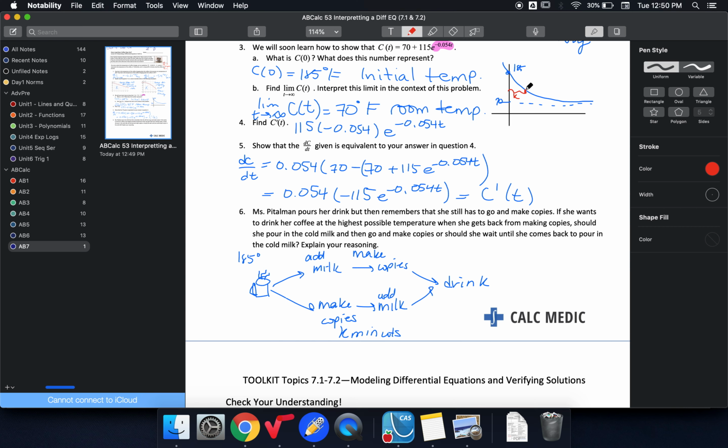And then I would go from that temperature and drop it down with my milk. If I did it the other way, I would drop the temperature down with my milk, which would put me about here, and then I spend my K minutes making copies. Well, I'm decreasing at a slower rate for this amount of time than this amount of time. So I should definitely follow path 1 because I want my coffee to be as hot as possible.